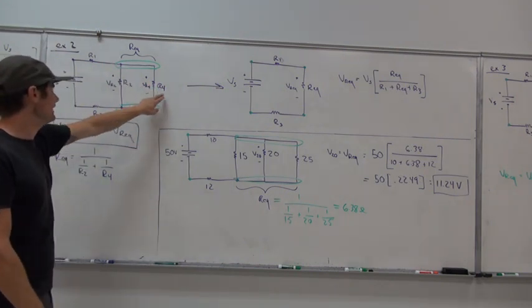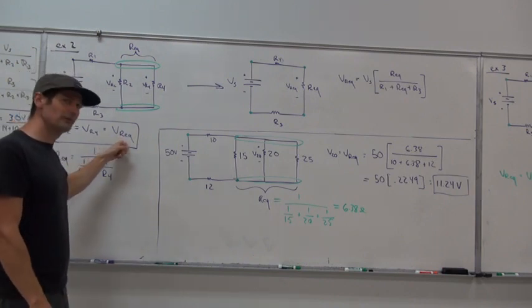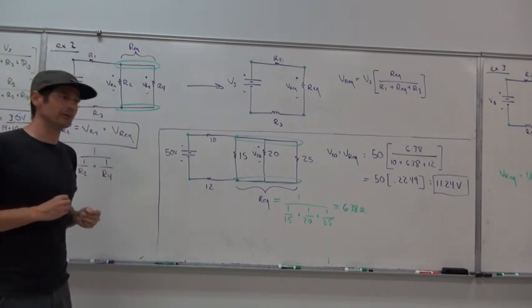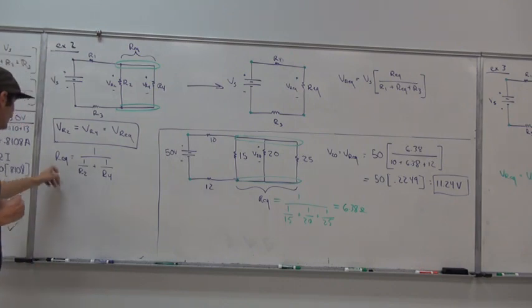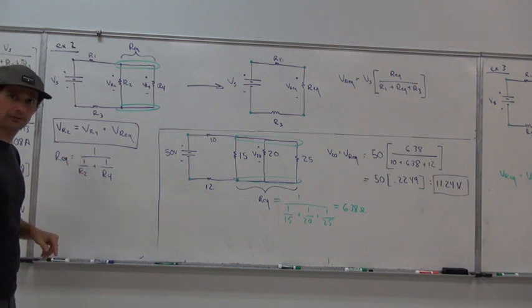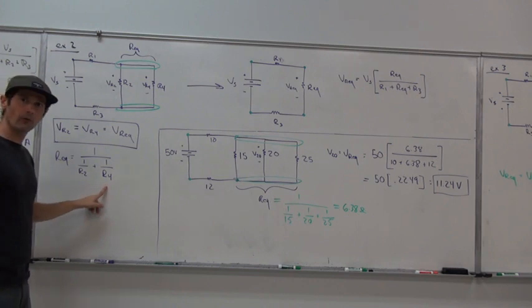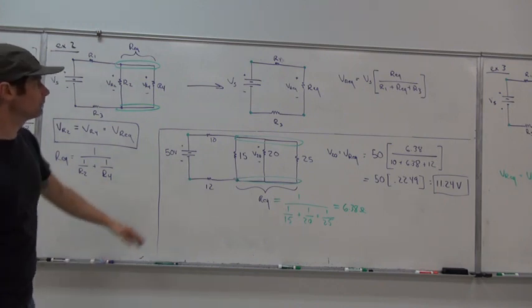The voltage across each of these individual elements is the same as the voltage across that equivalent resistance when we break it down. And sure enough, REQ, the equivalent resistance of those two parallel branches, is 1 over the summation of the reciprocals, or 1 over R2 plus 1 over R4. And sure enough, we break the circuit down.